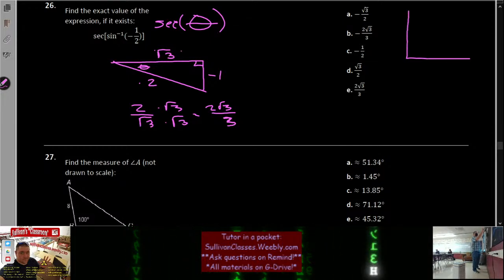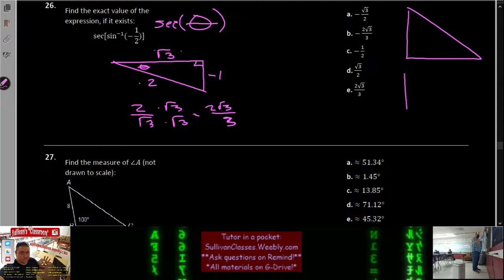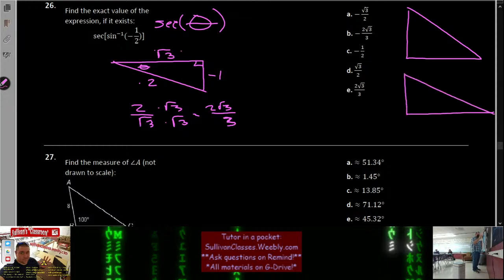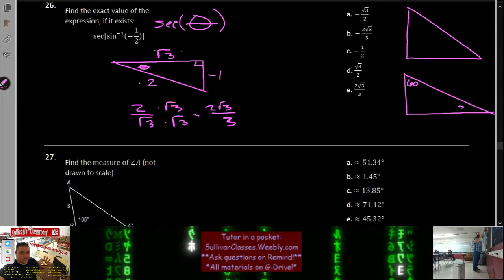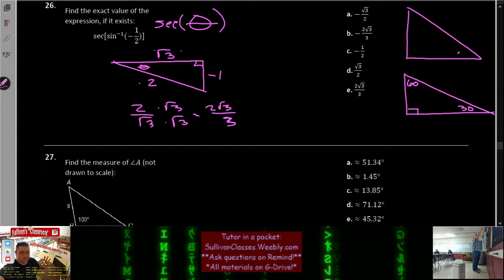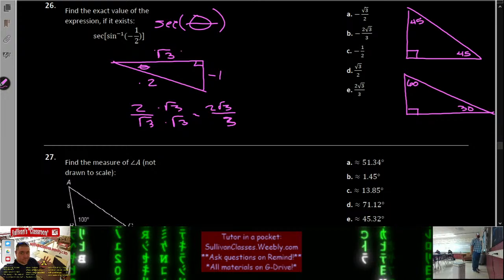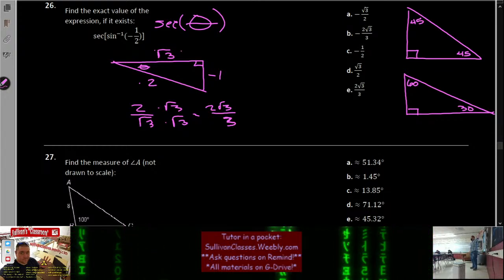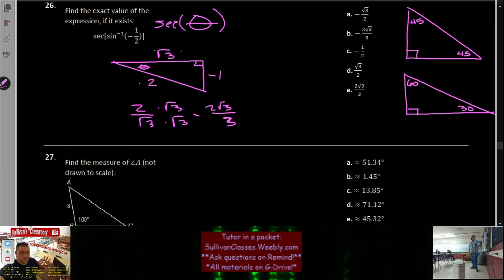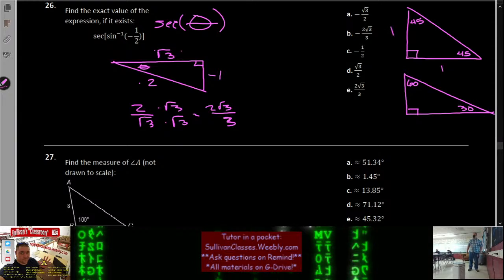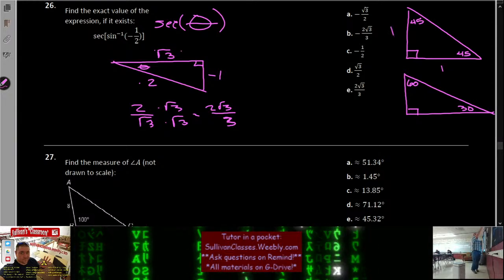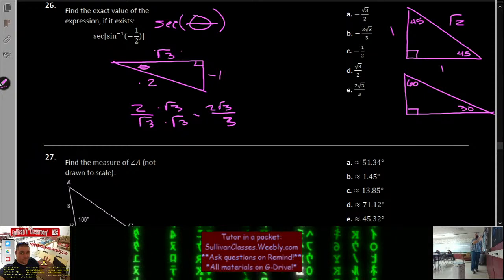So, one more time for the forgetful folk. The legs of 45, 45, 90, what's the ratios on them? Hypotenuse. Short leg.